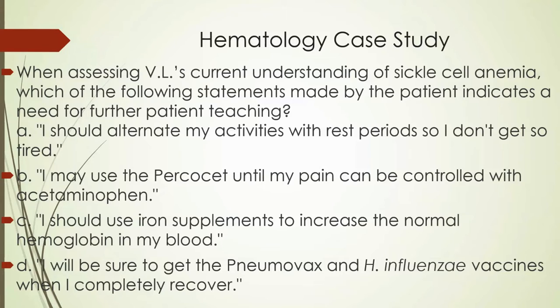And we would recommend someone with sickle cell disease get vaccinated to help prevent them from catching a disease which could trigger a sickling episode. So the statement that would indicate a need for further teaching would be C: I should use iron supplements to increase normal hemoglobin in my blood, because that would not affect her sickling.